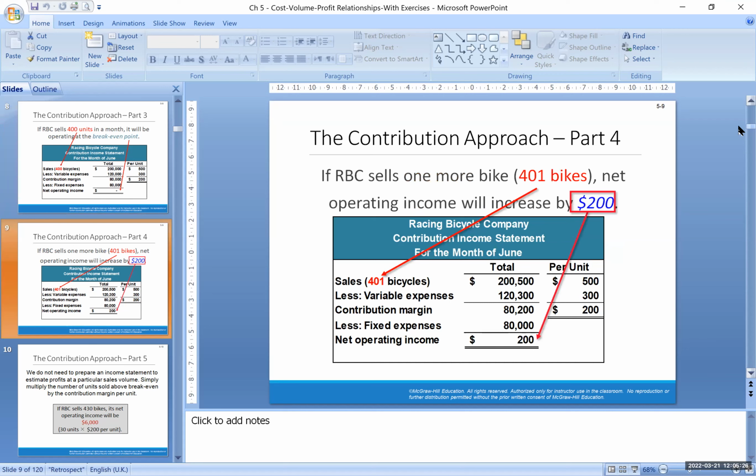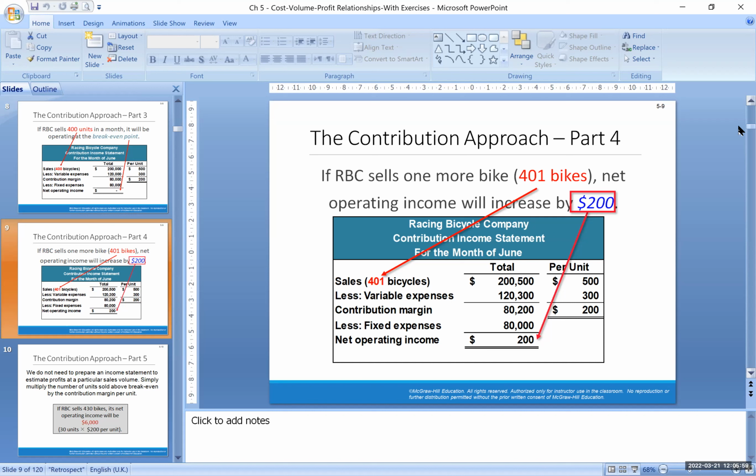Suppose that the company sells 401 bicycles, and keep in mind that we have a break-even at 400 units. The company sells 401 bikes, so we can imagine that the company will recognize a profit after the 400, because the break-even represents the 400.